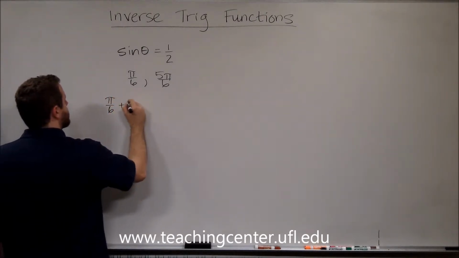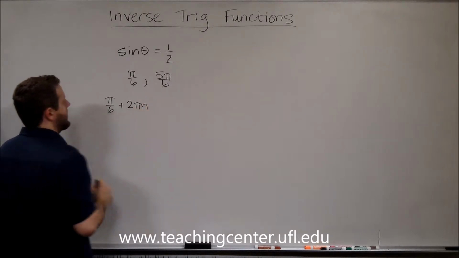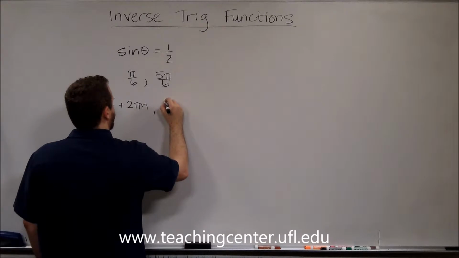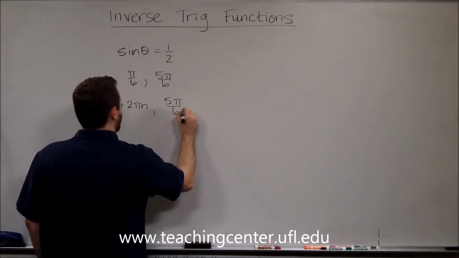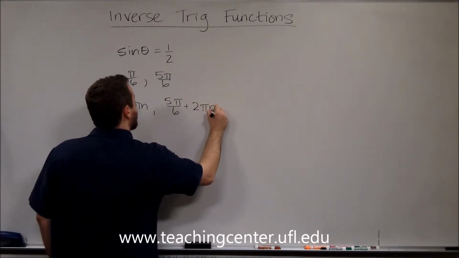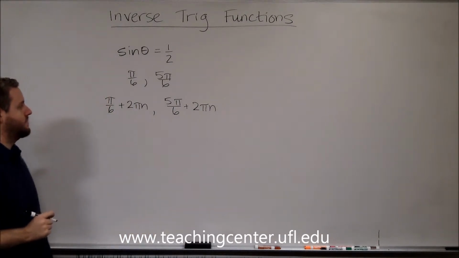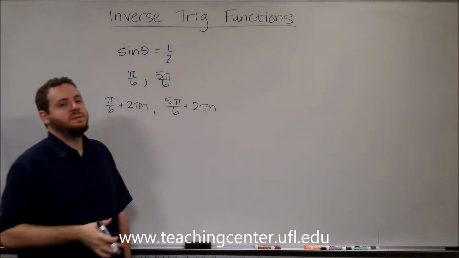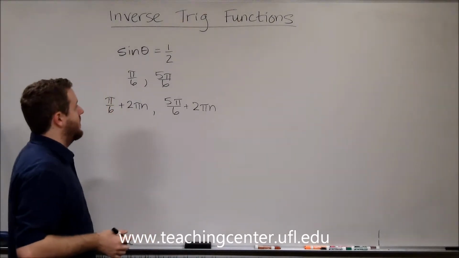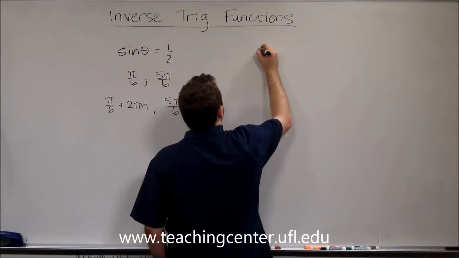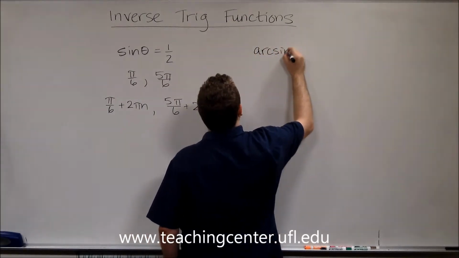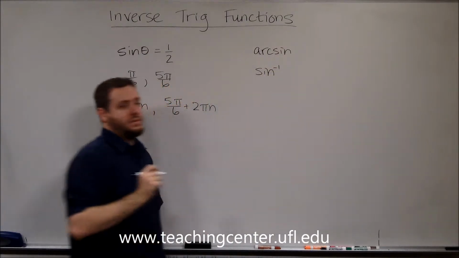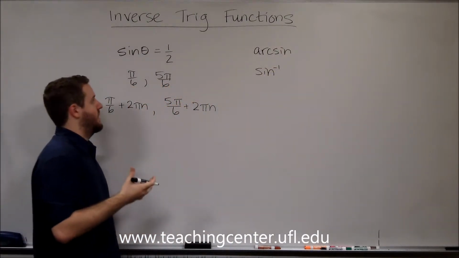But technically, we could go as many times as we want. Pi over 6 plus 2 pi n, meaning as many rotations around as we choose, either side, and 5 pi over 6 plus 2 pi n. So what an inverse trig function does is it switches your outputs and inputs. The inverse trig function would be called arcsine, or we could just call it sine to the -1, is another way of writing it.